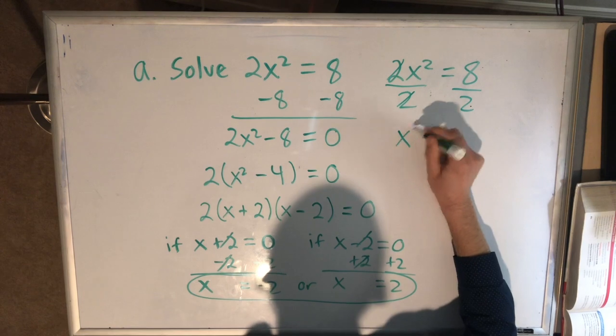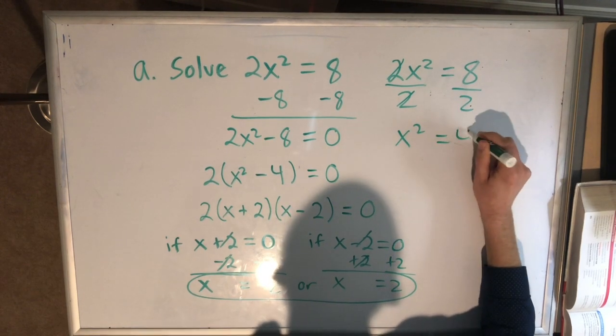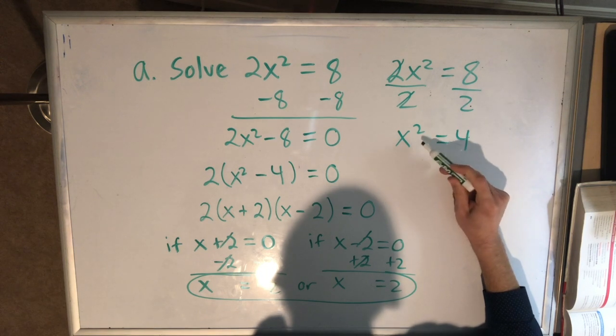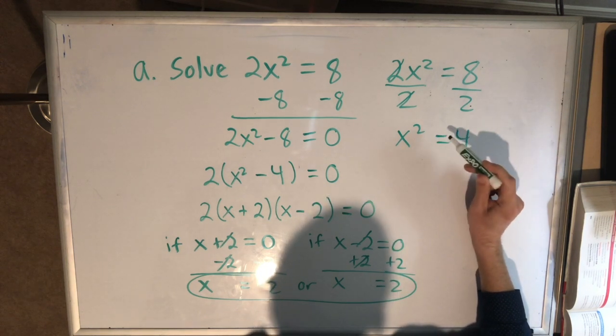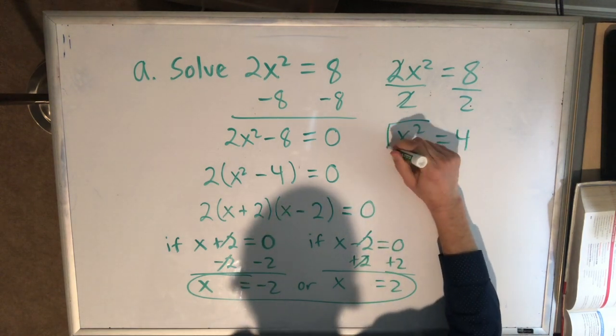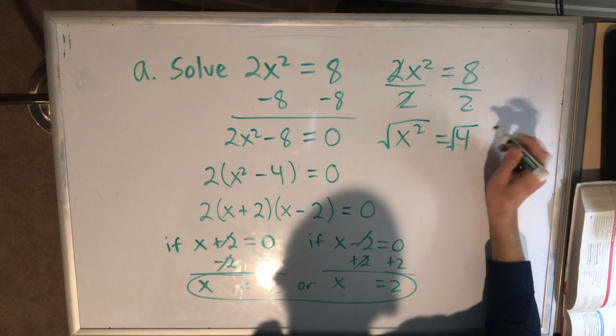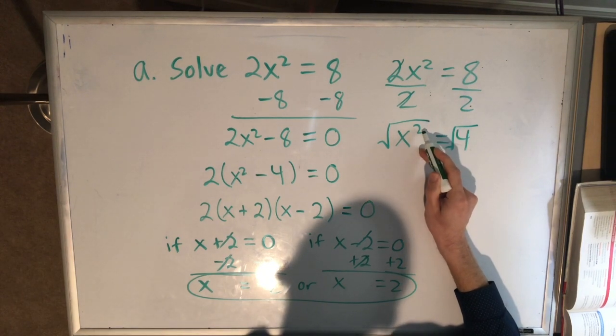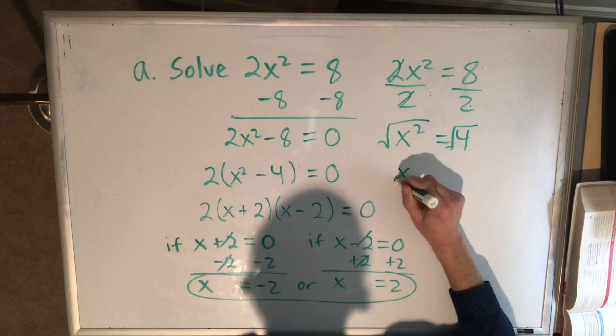So we have x squared equals 4. Now that the variable squared is isolated, take the square root of each side. Square rooting cancels out squaring, so we're left with x.